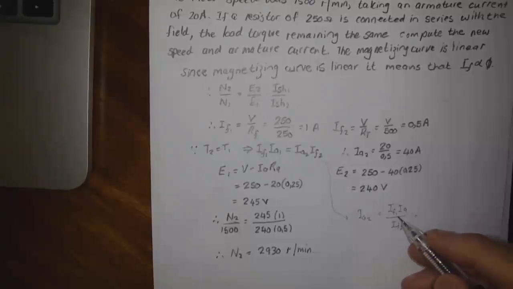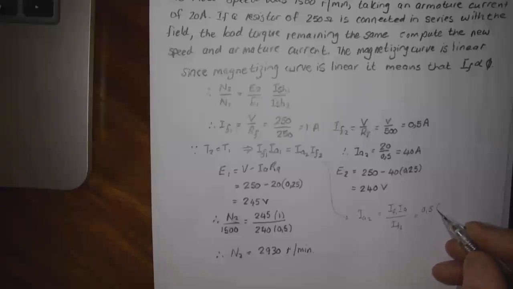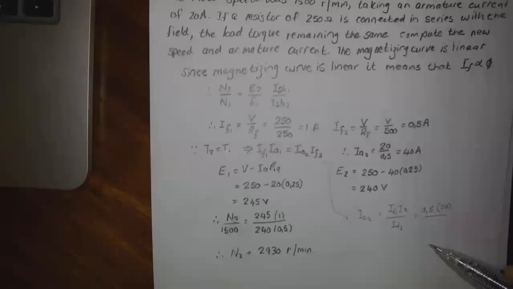So I field 1 was 1 times 20, and what was I field 2? 0.5. So that's where that comes from: 20 divided by 0.5. Are you all clear on this? Any questions so far?